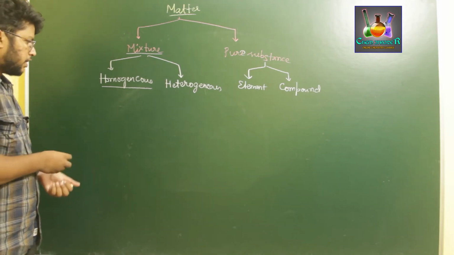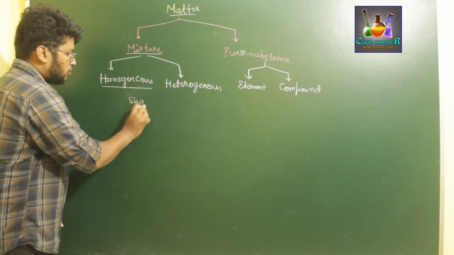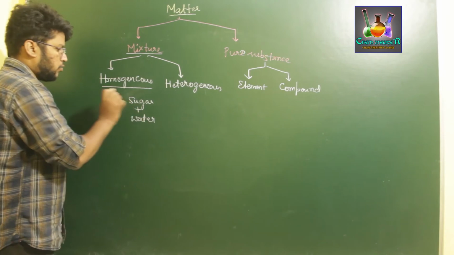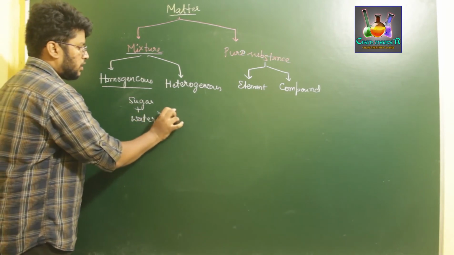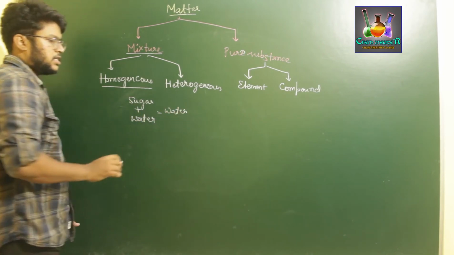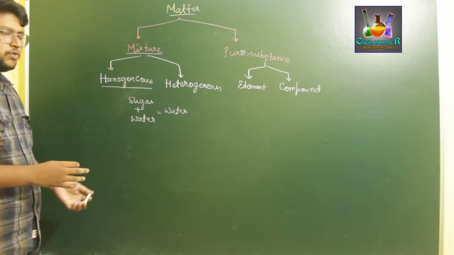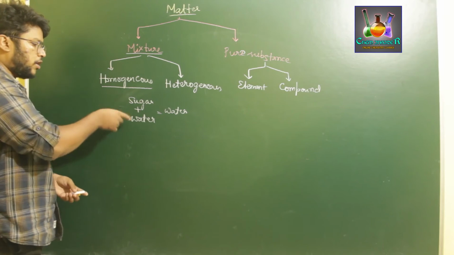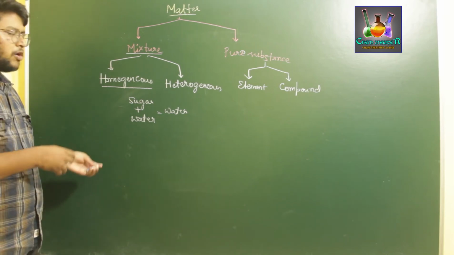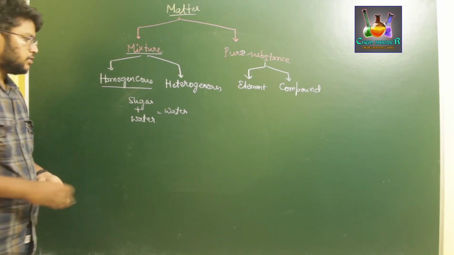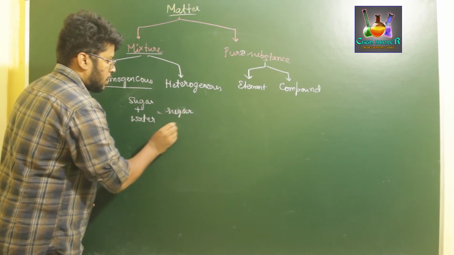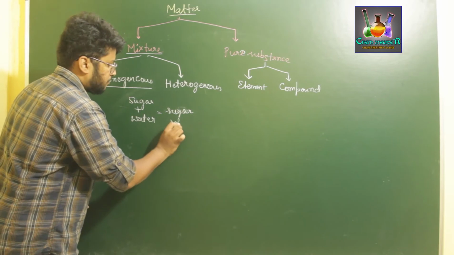For example, if you add sugar to water, it almost looks like water itself, with just a slight difference in its density or viscosity depending upon the amount of sugar added. Sugar added to water forms almost a watery solution. So here what we get is a sugar solution which has uniform distribution.